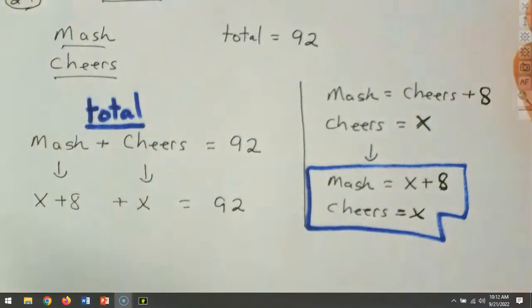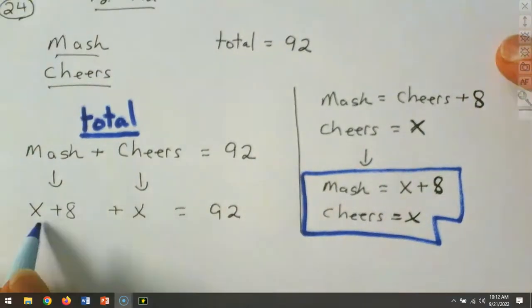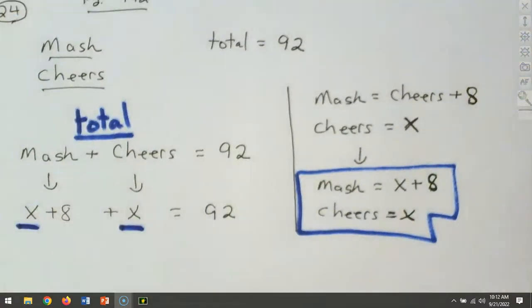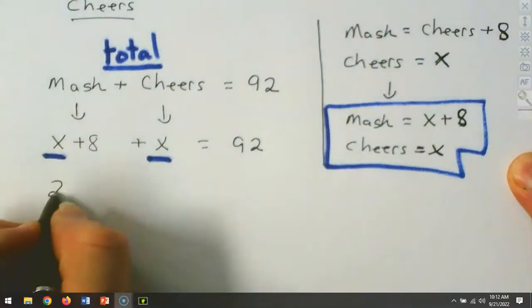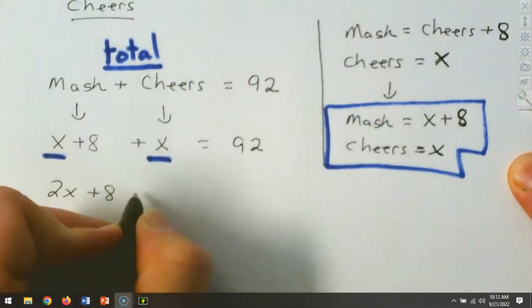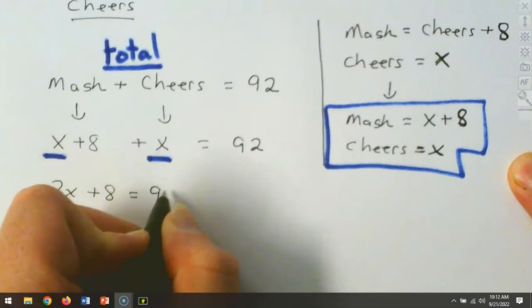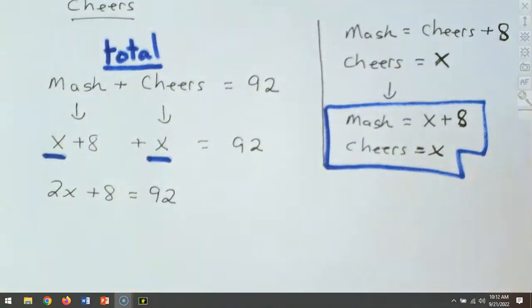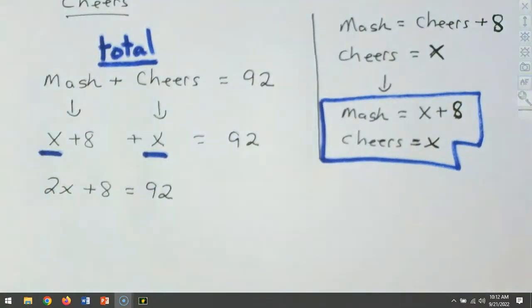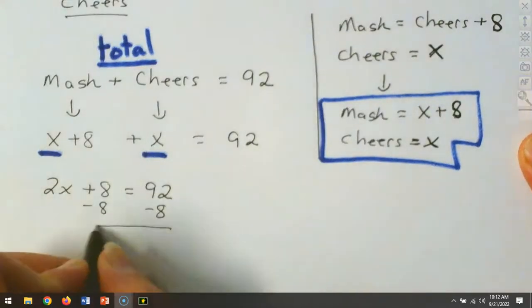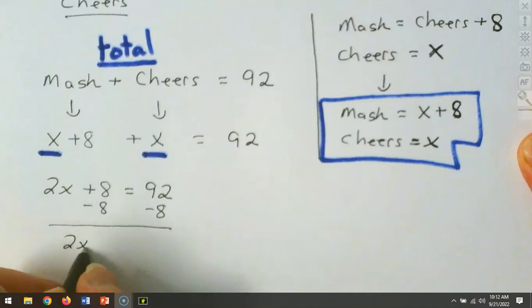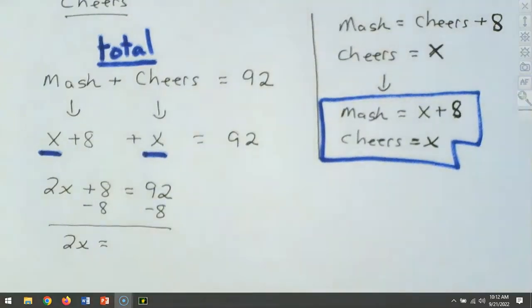Now we can finish it. So what do we know? We can put these x's together. So add them together, and that gives you now what? Okay, 2x plus 8 equals your 92. And how can we finish it? What's next? Yep, subtract off that 8 from each side. And that leaves you with 2x equaling what? 84, I believe.